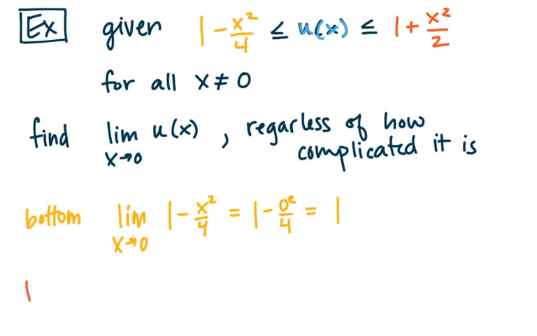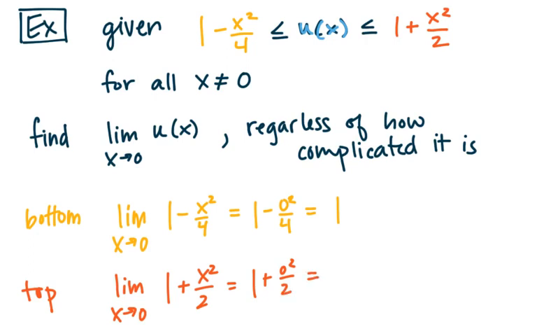And then I would look at the limit for the top of the sandwich, the limit as x goes to 0 of 1 plus x squared over 2. Well, that would be 1 plus 0 squared over 2, which equals 1. So since the limit below and the limit above are both equal to 1, we know the limit of the function sandwiched is equal to 1.